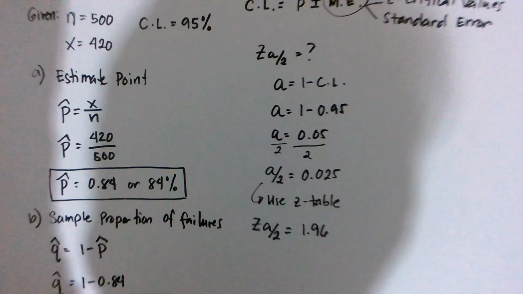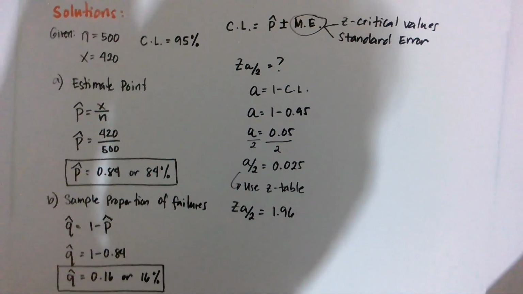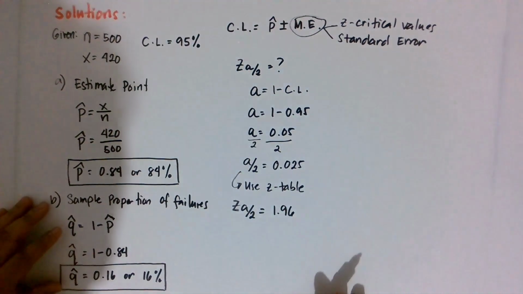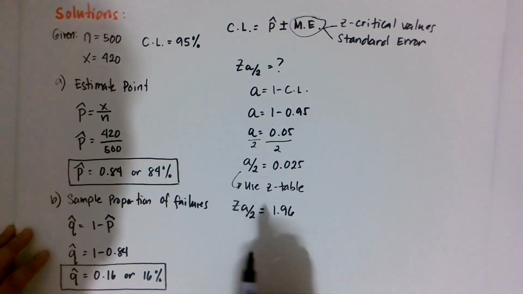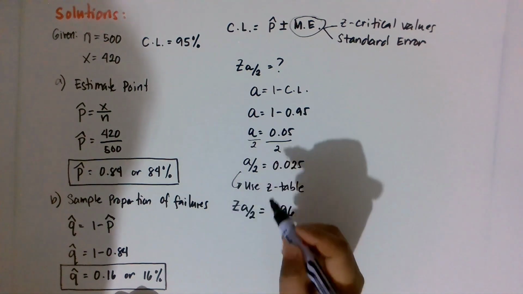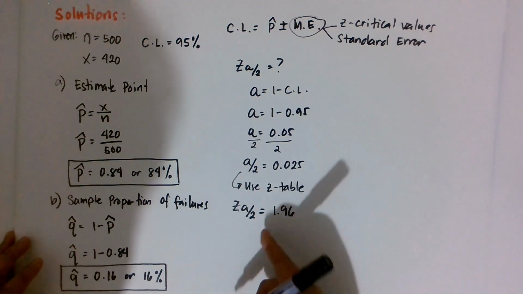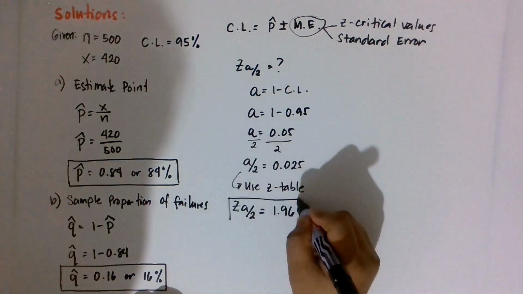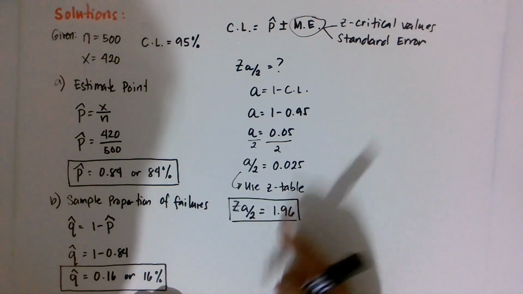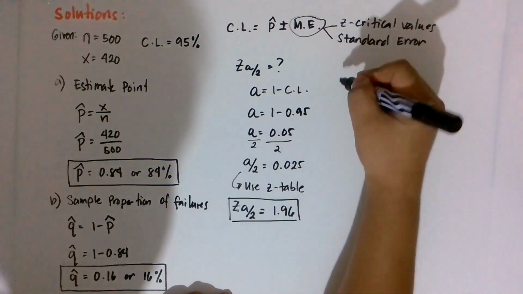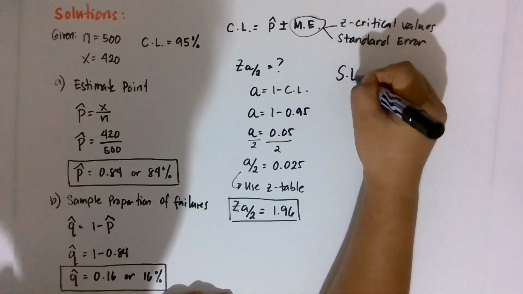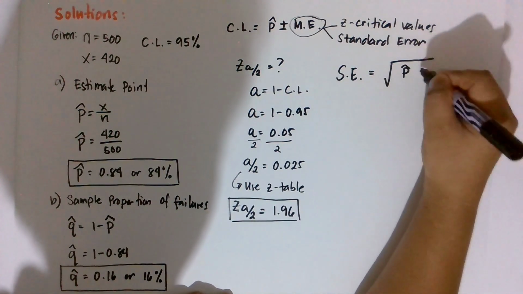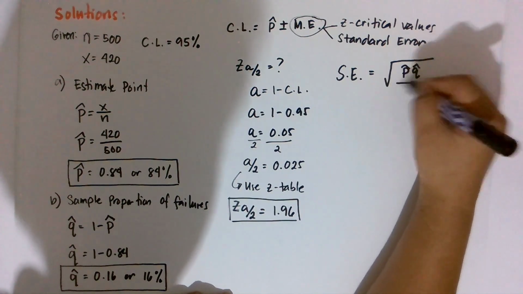Okay? So, ang hahanapin na lang natin ngayon ay ang standard error. Ayan. Balik ko muna yung camera para mas kita nyo lahat ng solutions. Okay. So, box din natin to, no? Ayan na yun. So, we have already the Z critical value. Now, let's proceed with the standard error, okay? Now, standard error, ang formula natin ay square root of p hat times q hat all over n.